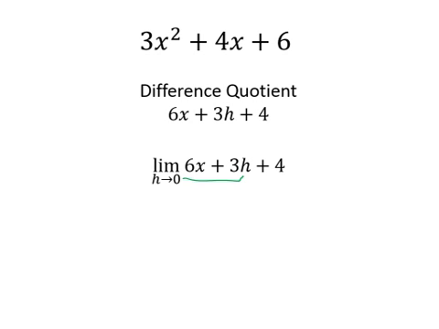The x isn't what's being plugged in this time, just the h's. And when we plug it in, we end up with 6x plus 4. That is our answer. What we're looking for is to do a difference quotient and then take the limit of that difference quotient as h approaches 0.